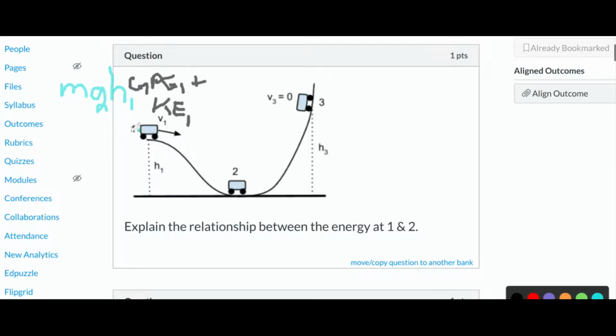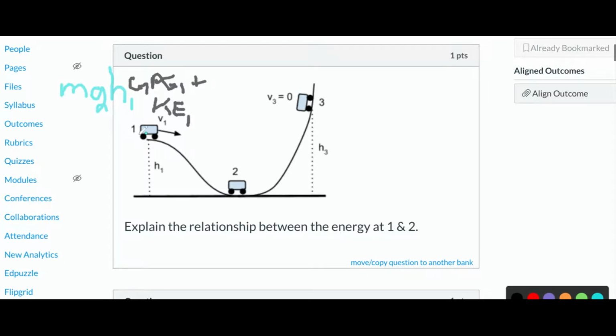The mass is not going to change at the different points. It's still the same cart here, here, and here. So we don't talk about mass at 1, mass at 2, mass at 3. The cart mass stays the same, so it does not need a subscript. This cart is moving on Earth, in the same gravitational field the entire time, so it does not need a subscript.